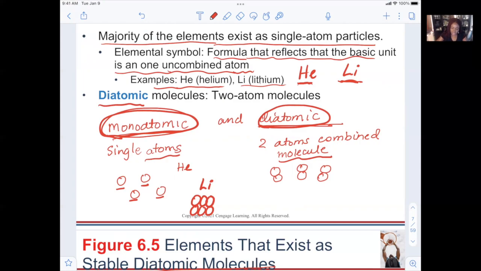So here we're seeing examples of diatomic molecules. And this part here is a little tricky because technically they're still both elements. But when you find this element in nature, naturally, you see two units combined together to represent the basic form of that element. Once again, two units combined together.